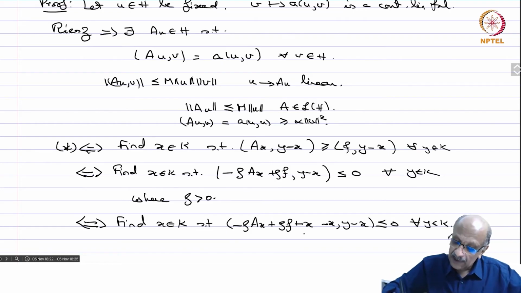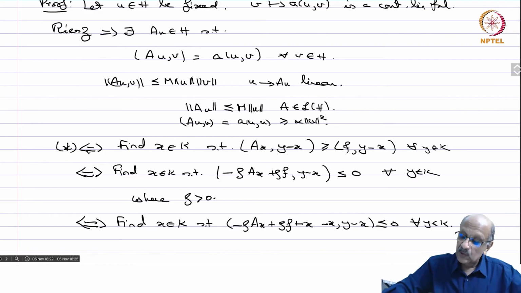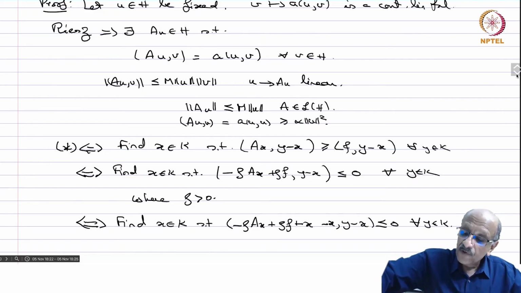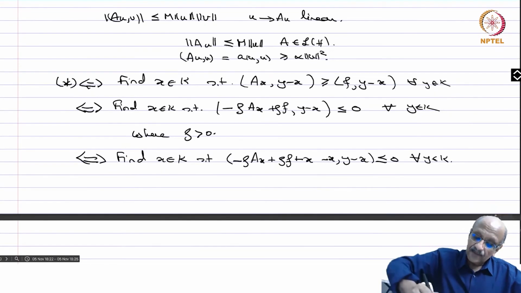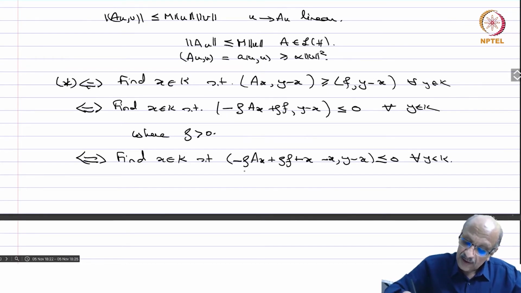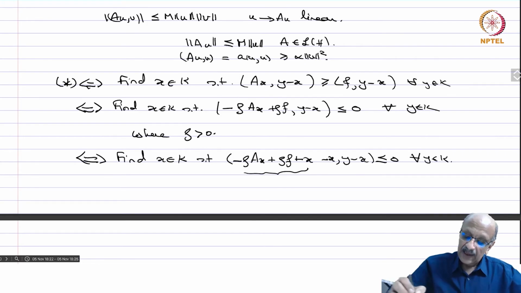So this is something minus x, y minus x is less than or equal to 0. This is like the projection inequality which we proved, and therefore this says the projection of this vector with respect to K is in fact x.